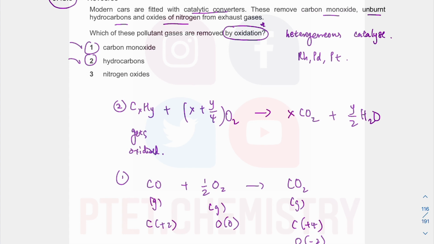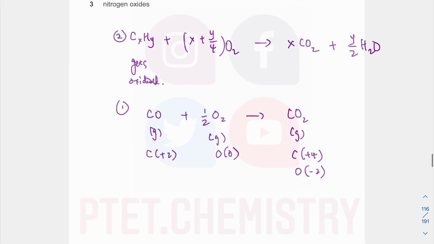Alright. How about oxides of nitrogen? So in the case of just this particular oxide of nitrogen, I'm just looking at one particular example. There are many oxides of nitrogen here. So in this oxide of nitrogen, the nitrogen is plus 2. When you add it with CO in the catalytic converter, you will get N2 plus CO2. So this is a classic reaction, even from your O-level or GCSE days.